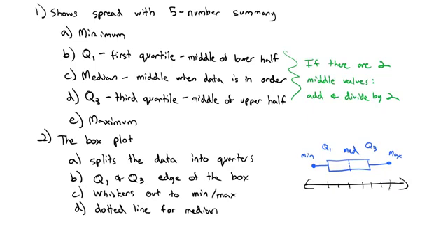And each part of the box represents a quarter, or 25% of the data values. The box, then, is the middle 50%. The whiskers are the outside 50%. And we can make some visual conclusions about how our data is spread out.